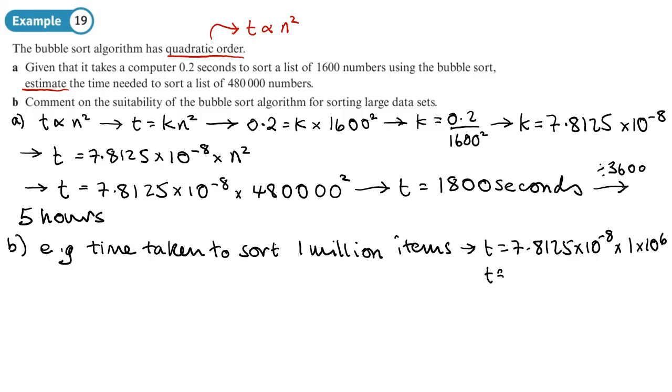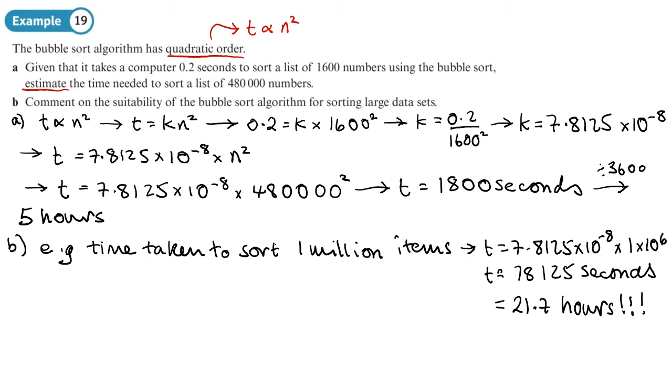Now for t, that would be 78,125 seconds. That doesn't seem too bad. Well, actually, if you divide that by 3,600, you get 21.7 hours. That's a long time, a lot of computing time.